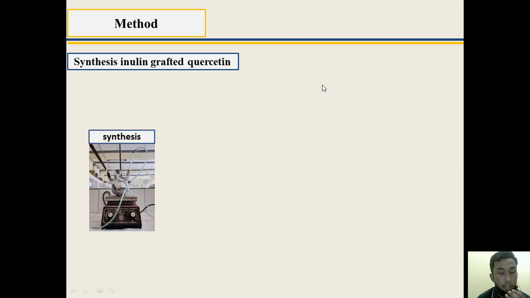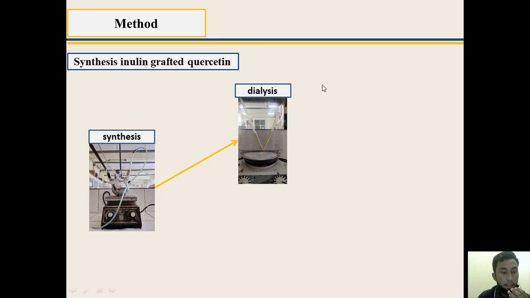After that, quercetin was added with a variation of quercetin mass, and the process was continued for up to 12 hours. The synthesized results were then dialyzed using a membrane with a cutoff of 2000 Dalton for 72 hours.